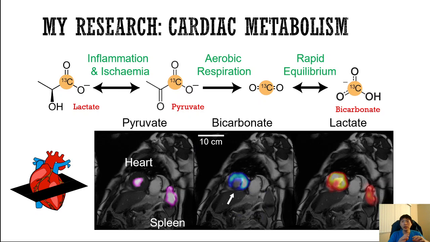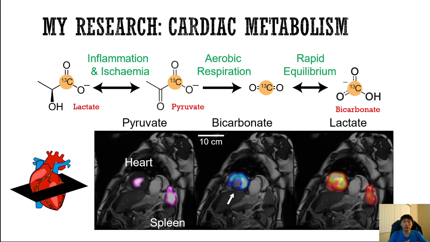And pyruvate is at a very interesting branching point where, depending on whether or not there's oxygen, for example in muscle, you can have 2 different outcomes. If you have oxygen in healthy muscle, the pyruvate gets converted into carbon dioxide and water, which is the normal respiratory process that we think about.